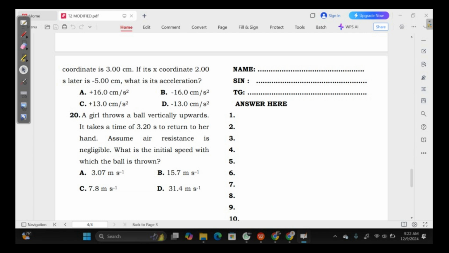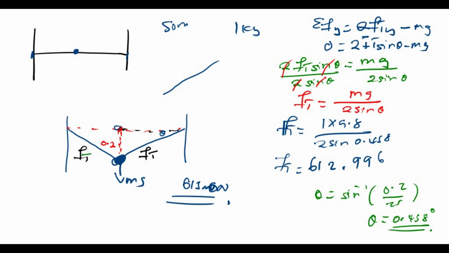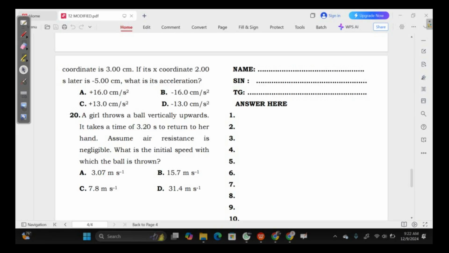This is free fall motion. In fact, I can even solve this question just using here 3.2. Let's just remember 3.2. So the time it took is about 3.2 seconds. So here is the ground. So we want to find the initial speed.